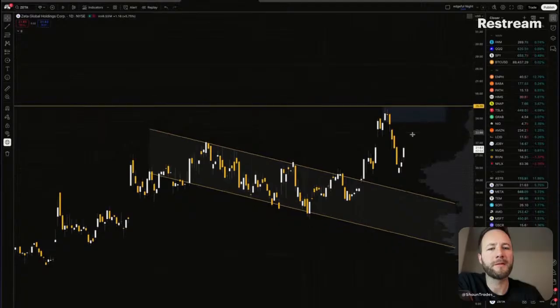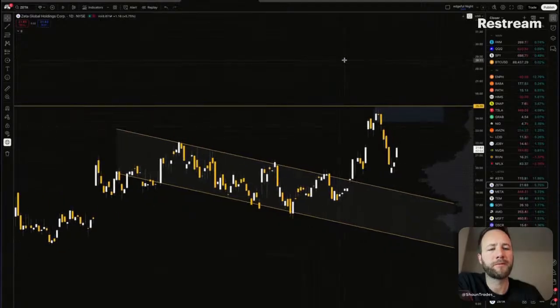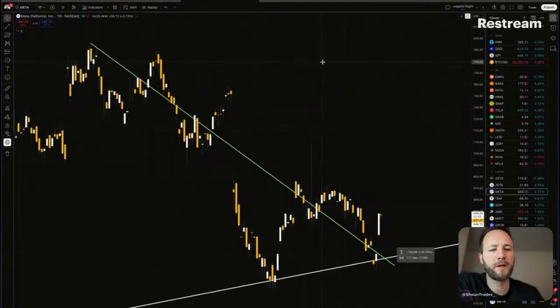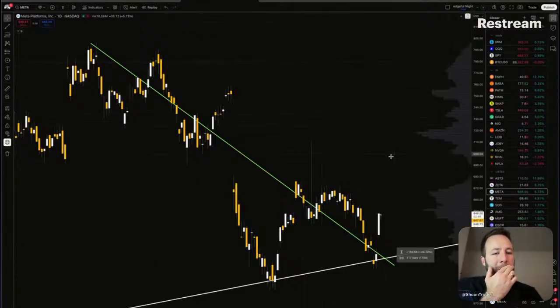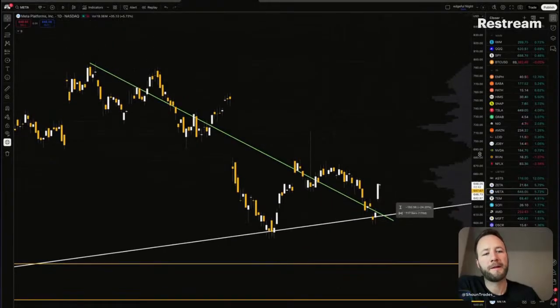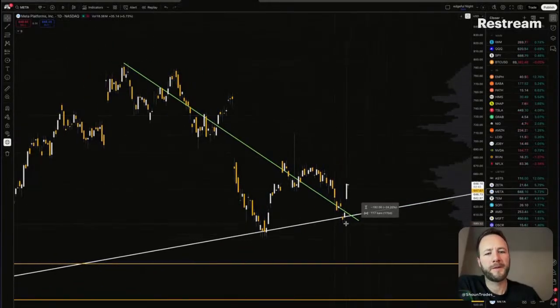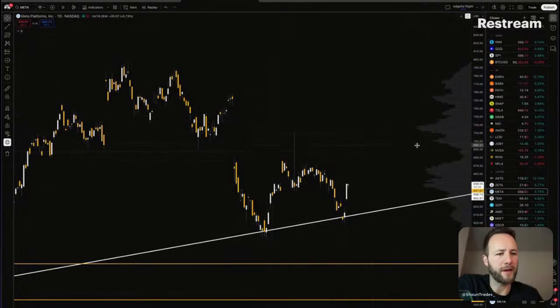Look at that. Well, Meta with a good couple of days. Didn't even notice that. Oh, look at that. This trend line comes in to save the day once again. Spoke about that on Sunday, actually.